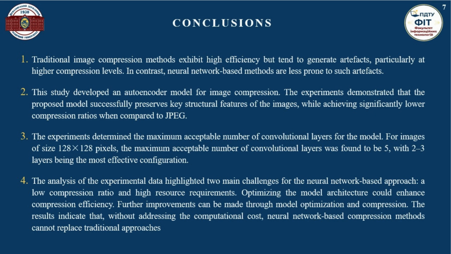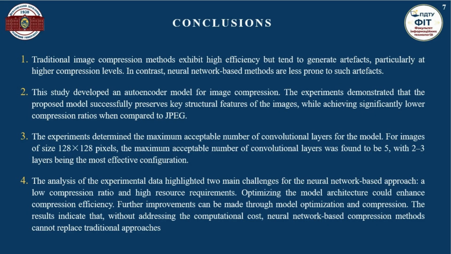The experiments determined the maximum acceptable number of convolutional layers for the model. For images of size 128 by 128 pixels, the maximum acceptable number of convolutional layers was found to be 5, with 2 or 3 layers being the most effective configuration.